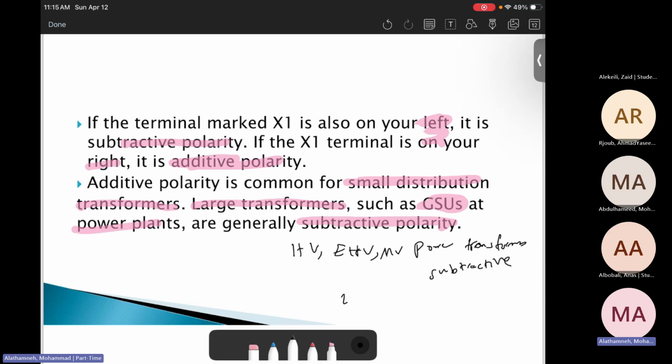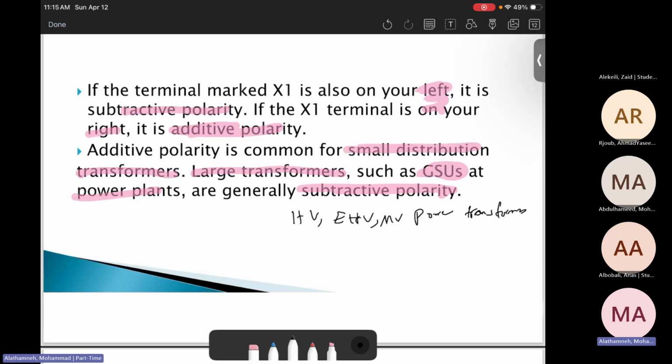However, in low voltage, not all of them, some we will use additive, but we also use subtractive. The very common is to use subtractive, not the additive. Additive is very rare.